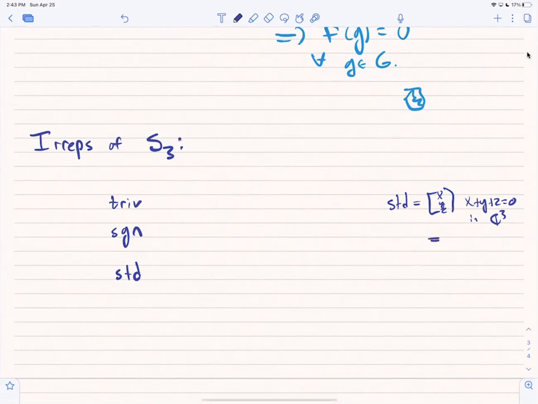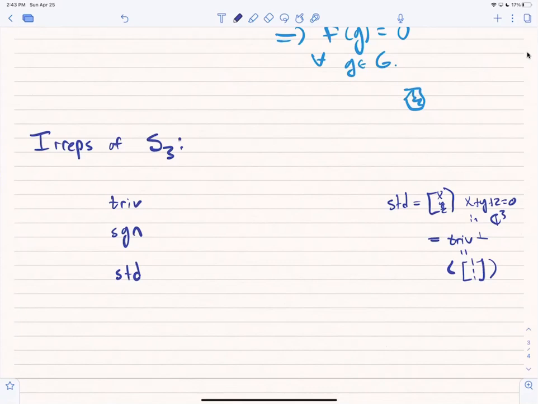That is the orthogonal complement of the trivial representation living inside of here, which is the span, the sub-representation where x, y, and z are equal. Okay, so that's the trivial representation, sign representation, and standard representation.